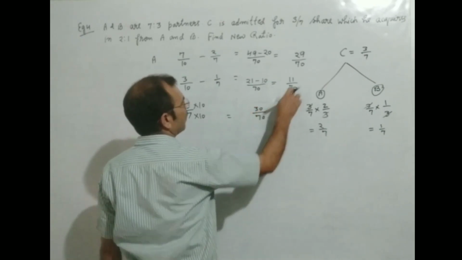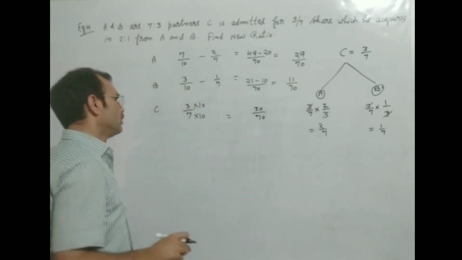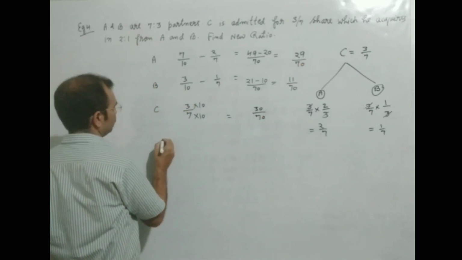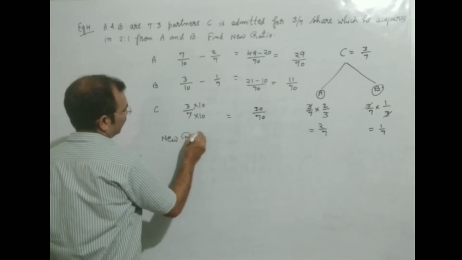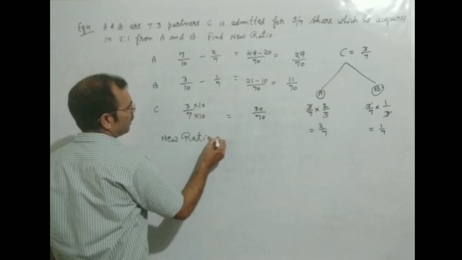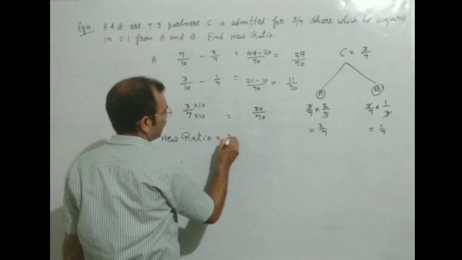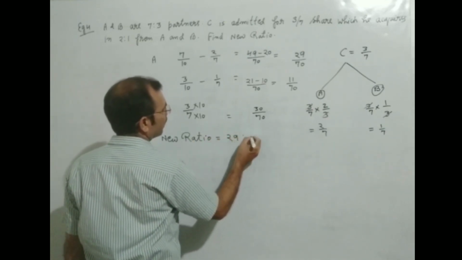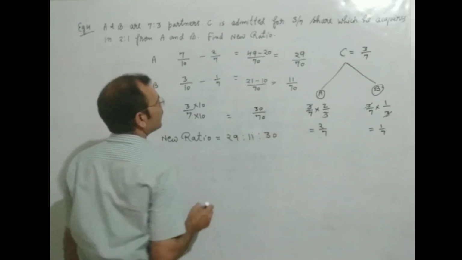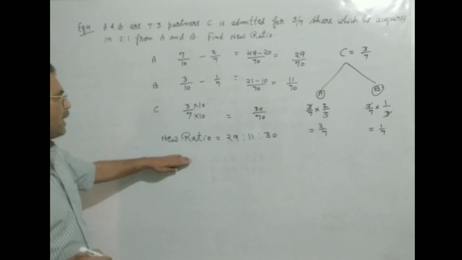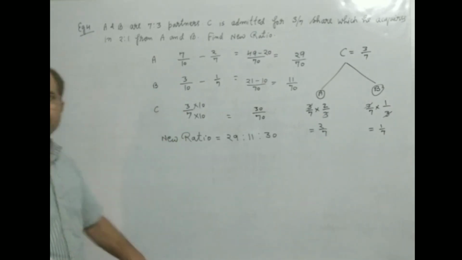Now all the denominators are the same, so we can write the new ratio. The ratio will be 29:11:30. In this way, we will find the new ratio of this question.